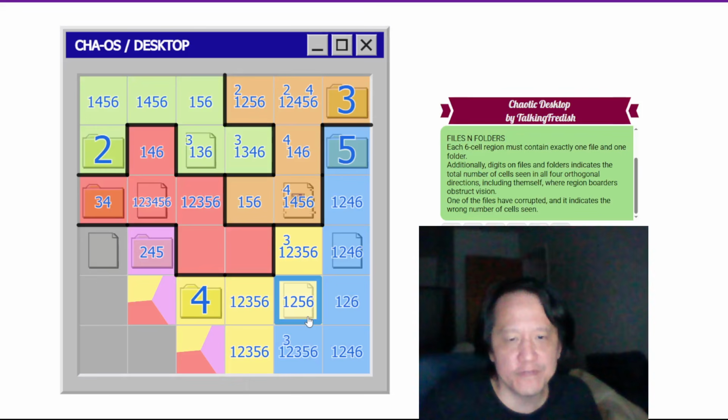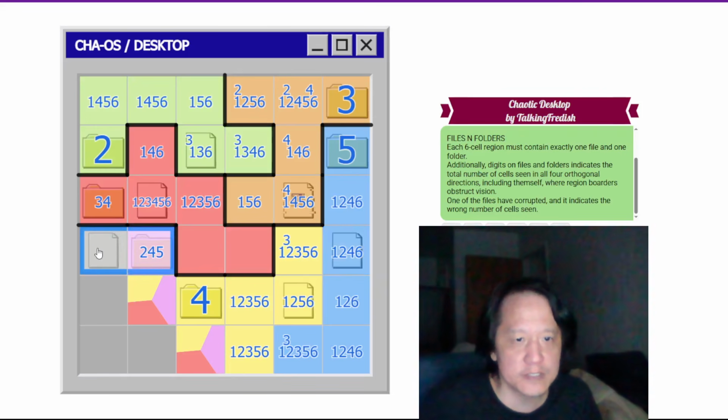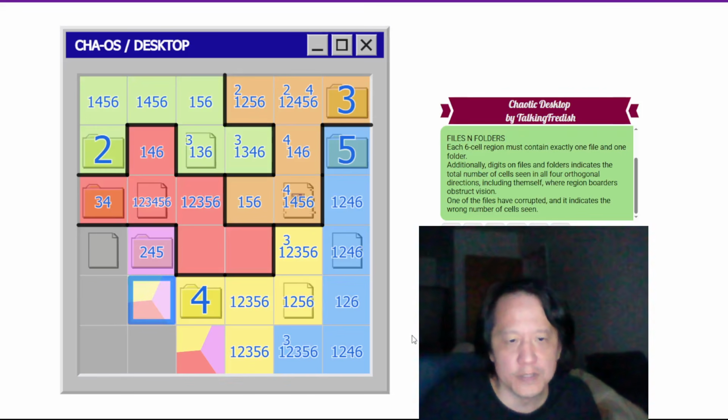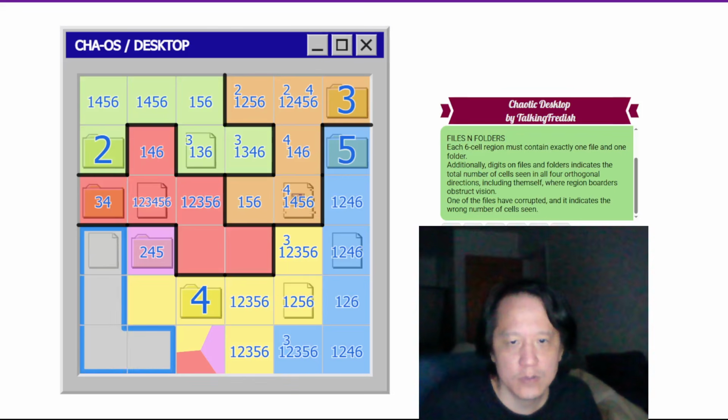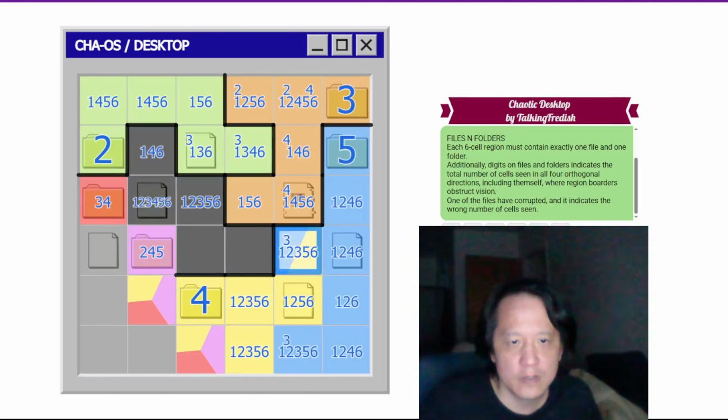This could not be 4 and cannot be corrupted because this is the corrupted file here. So these can't see the same number because this can't be corrupted. So then this can't be pink. This is yellow. Right, we have that. So we know this is a medium yellow pair.